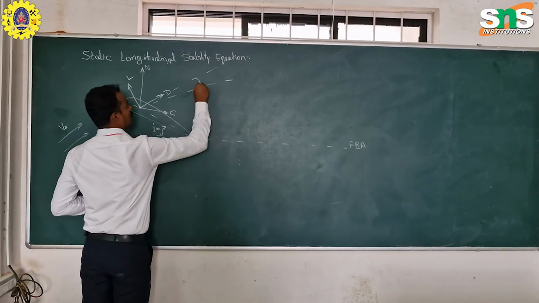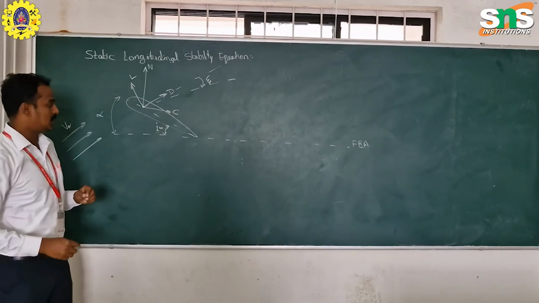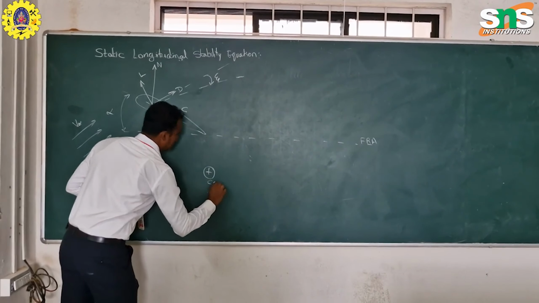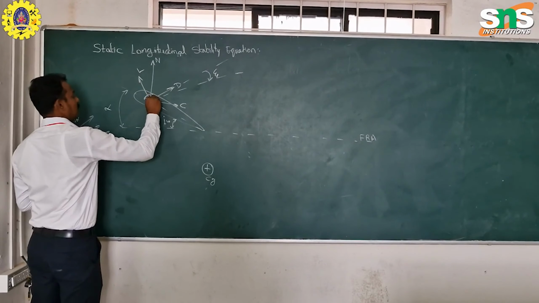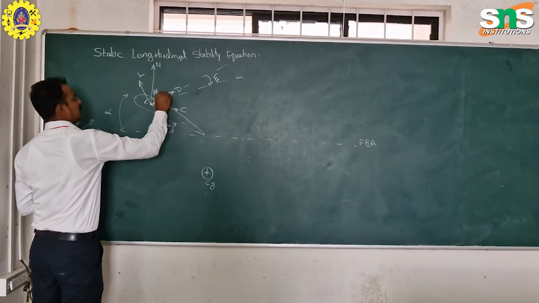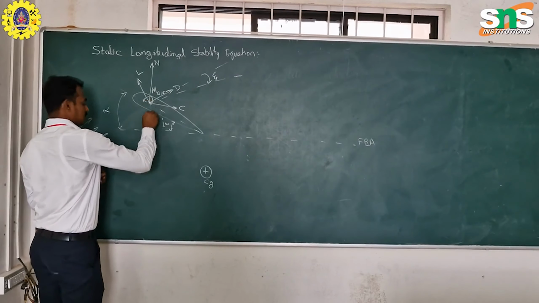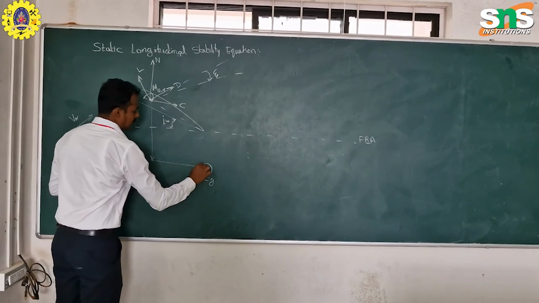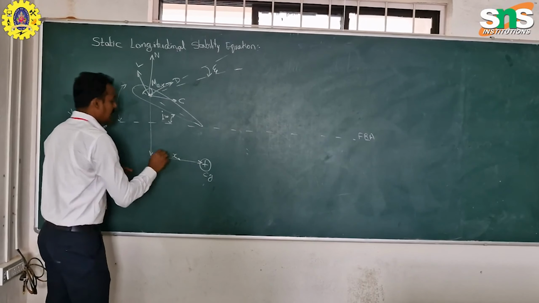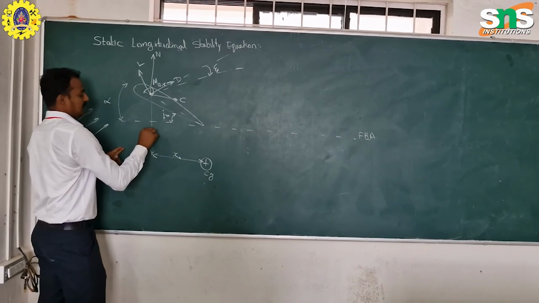This is the downwash, and here we measure the CG from the aerodynamic center of the main wing, with the moment about the aerodynamic center M_ac. This is the vertical distance from the CG and this is the horizontal distance. Let us take the horizontal distance as X_ca and the vertical distance as Z_a.